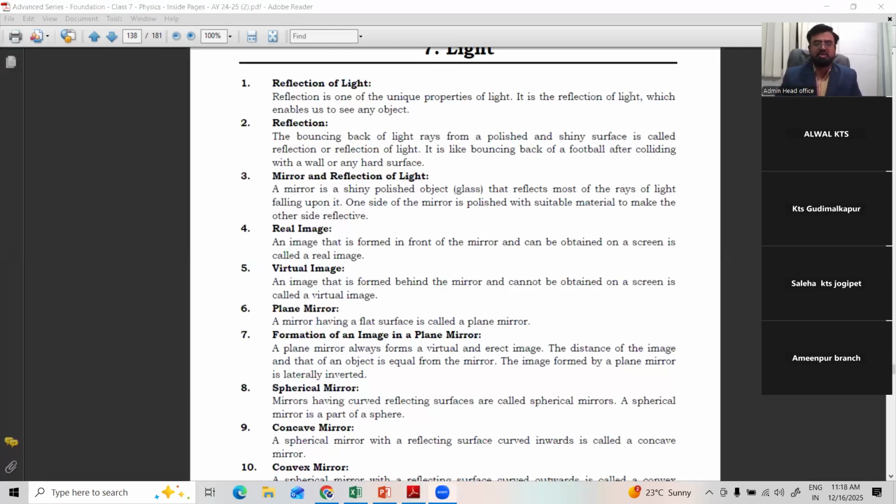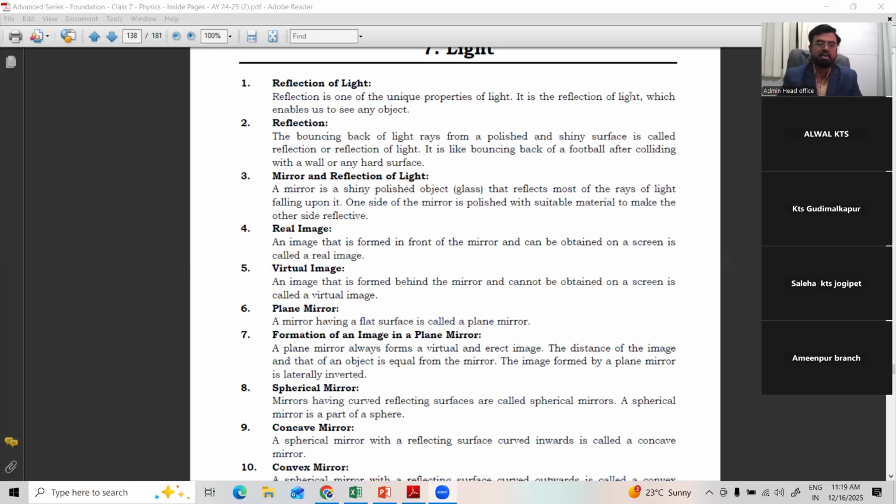visuals also. Reflection of light is the first and most important property of light, and the bouncing back of light from a polished or shiny surface is called reflection. Just like how a football reflects after hitting a hard surface, how a rubber ball bounces back after hitting, all these things.